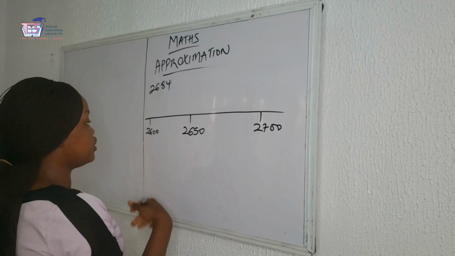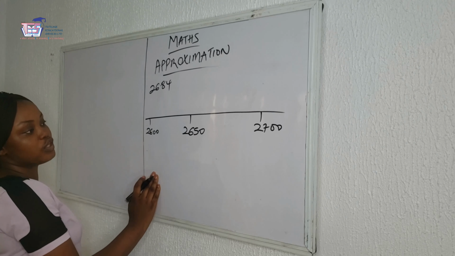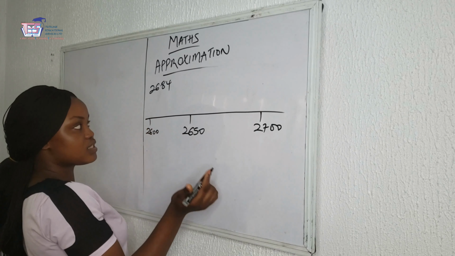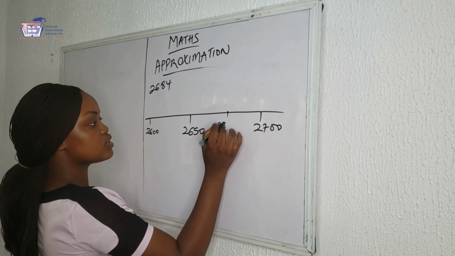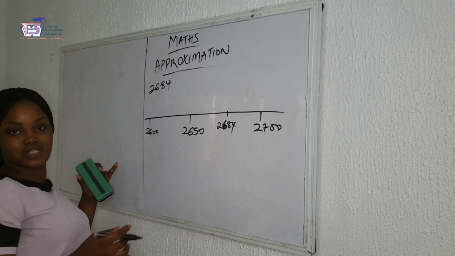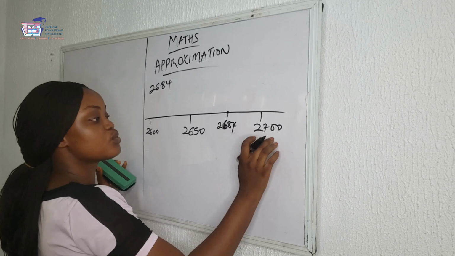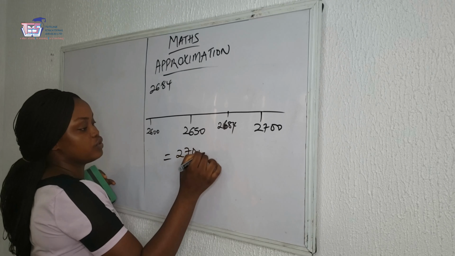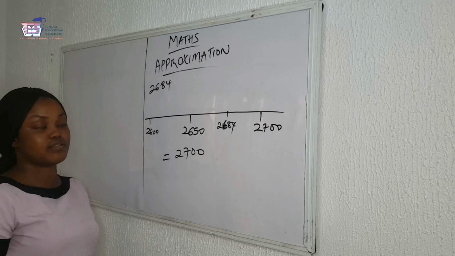Now 2684, is it closer to 2600 or closer to 2700? Now we know 2684 will be in between, maybe here. So from this number line, we know that 2684 is closer to 27 than 26. So from there you can conclude that 2700 is the approximated form of 2684 to two significant figures.